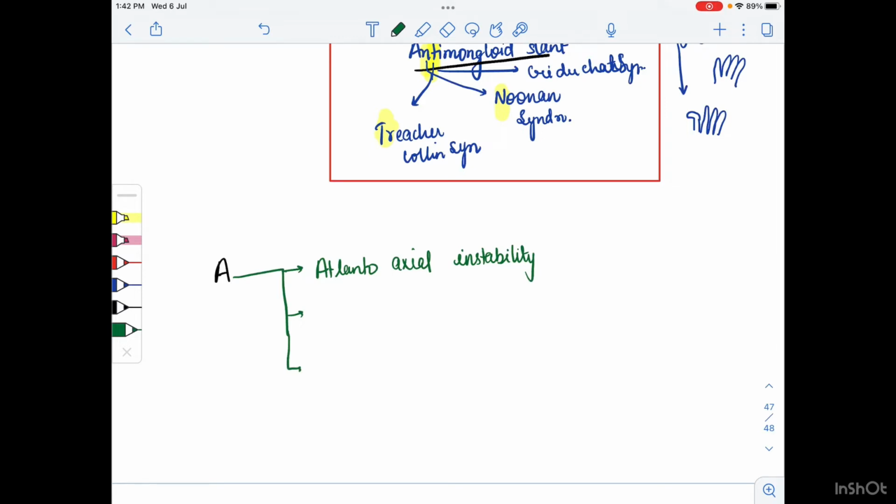And the next A stands for AML, that is acute megakaryoblastic leukemia, AML-M7. Please remember AML-M7. And the last A stands for Alzheimer's disease. This means Down syndrome is presenile Alzheimer's disease. Here all these three points are very very important.